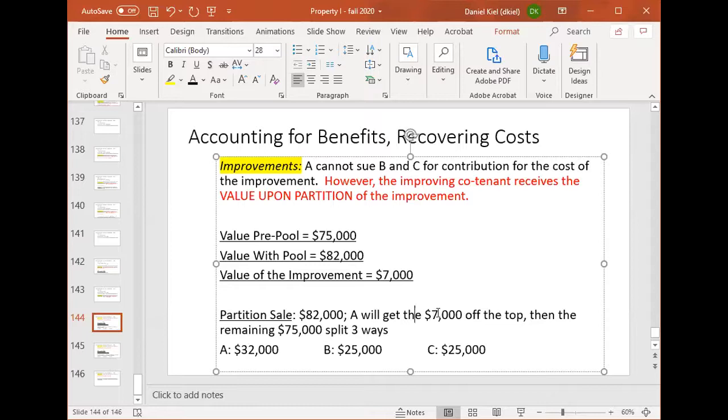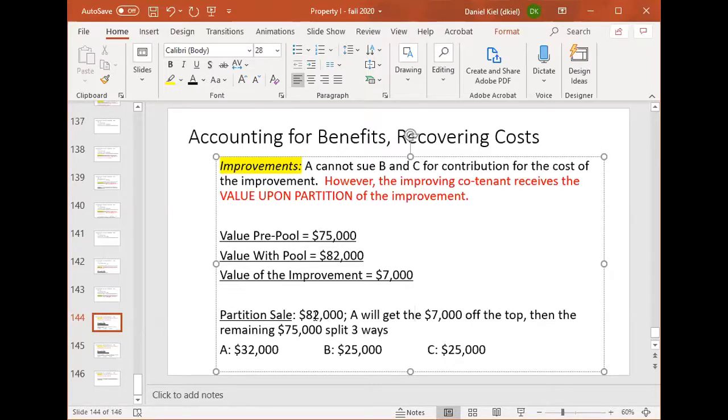A will get the 7,000, that's the value. They get the full of it because they took on the full of the improvement cost. So they get the full value of the improvement. And then the remainder gets split 3 ways. So A ends up with 32, B and C with 25 apiece. Value upon improvement.